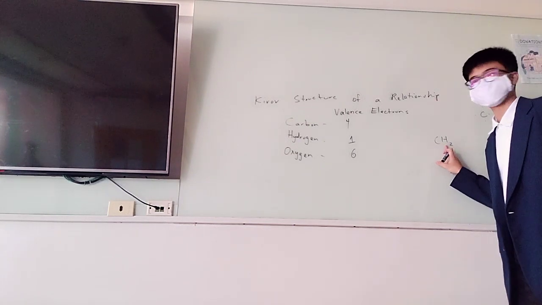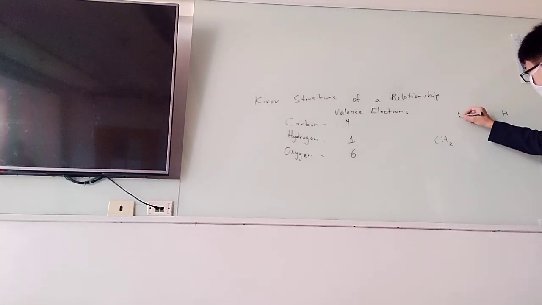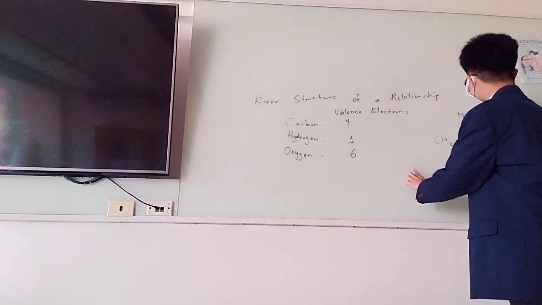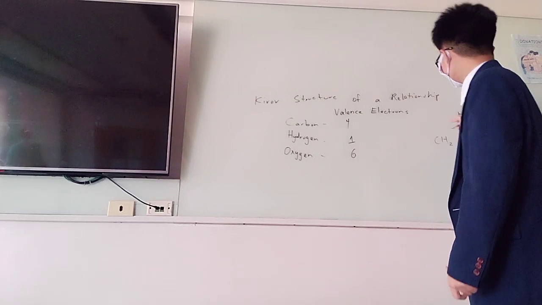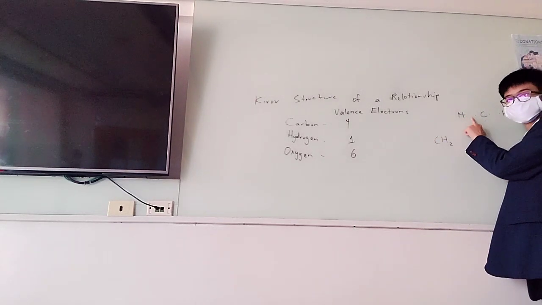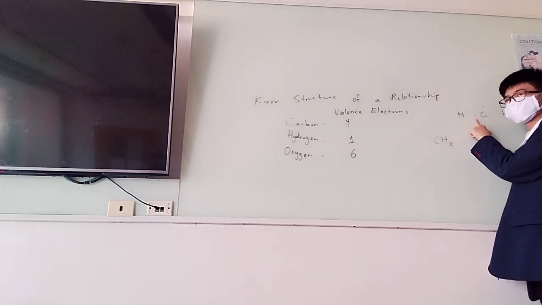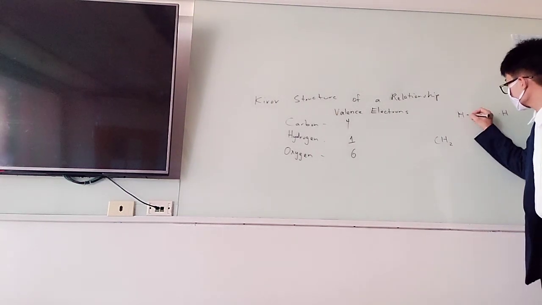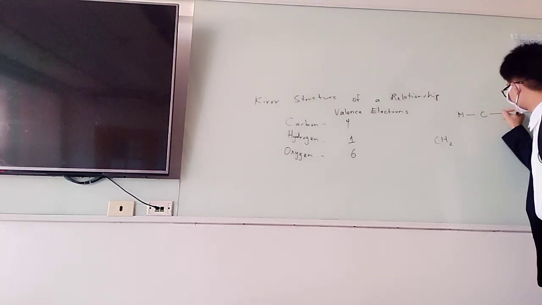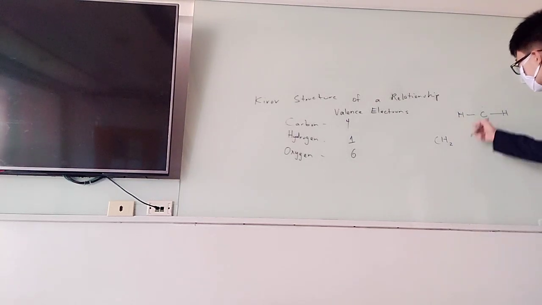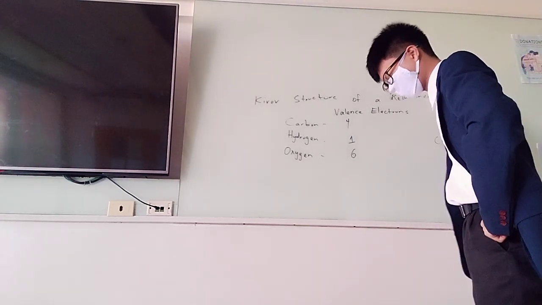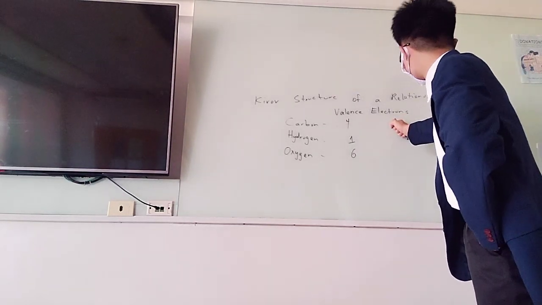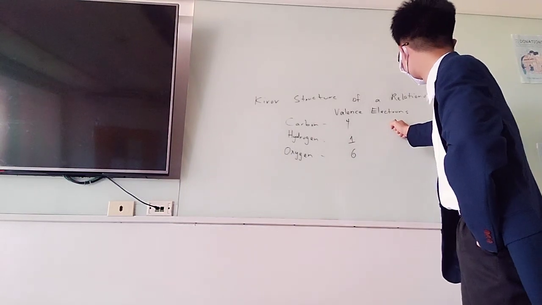Since there are 2 hydrogen atoms here, H and another H, and hydrogen only has 1 valence electron, we do the dots over there. You notice that there's exactly 1 dot here and exactly 1 dot here, so what we do is replace them with a line. So this is the Lewis structure of carbon dihydrogen.